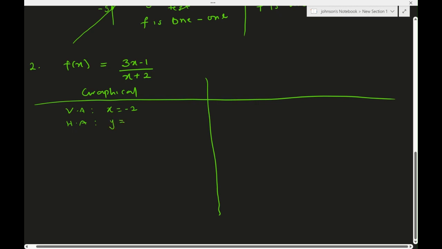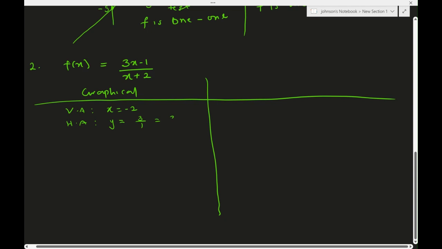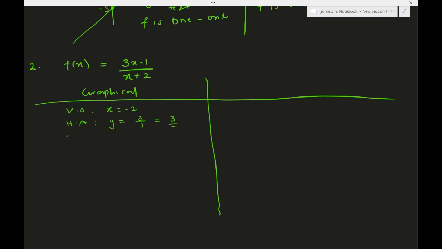So the horizontal asymptote is just the ratio of the leading coefficients, so it's just 3 over 1. So this is just 3.